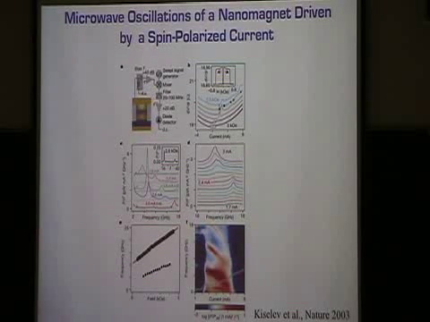This is one of these pillars, a simple cobalt copper permalloy or cobalt copper cobalt. You feed in a DC current, amplify the output, and look at it on the spectrum analyzer. These are the IV curves, differential resistance versus current for various magnetic fields. Here you see the hysteretic response with current, like I showed you earlier.